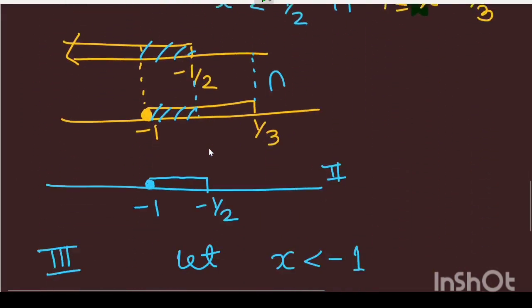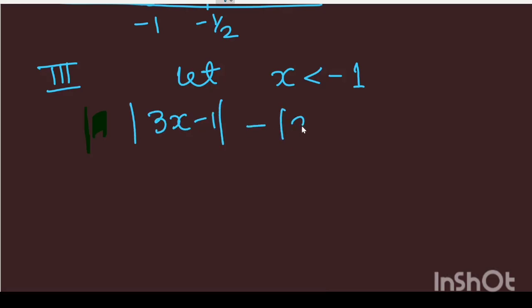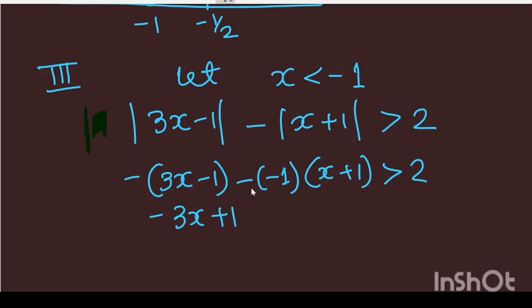So rewriting the question in the next step, both the moduluses, their vertical bars, are replaced by minus sign: minus 3x minus 1 minus minus x plus 1. The minus gets multiplied inside, minus minus gets plus, x plus 1 greater than 2.